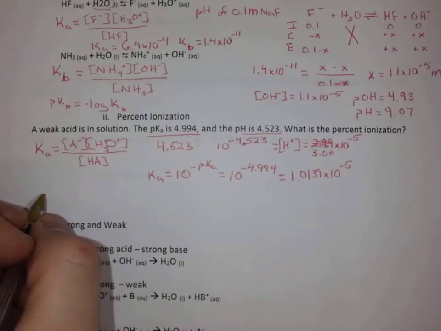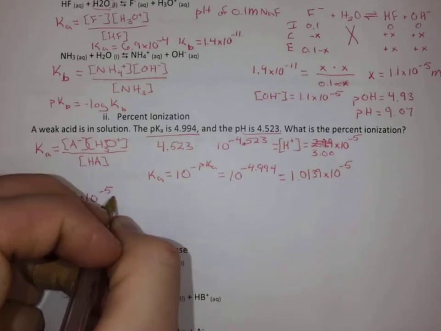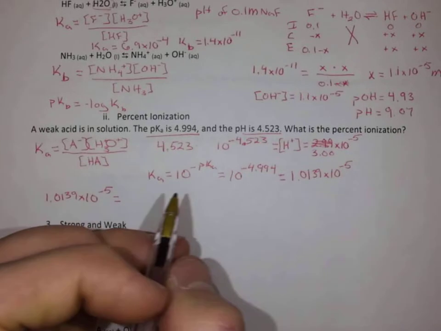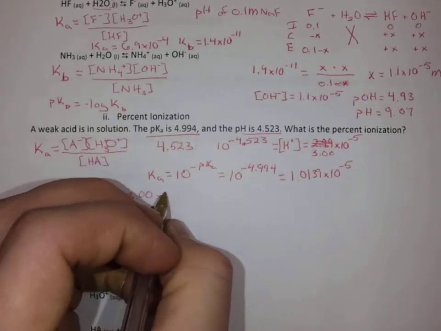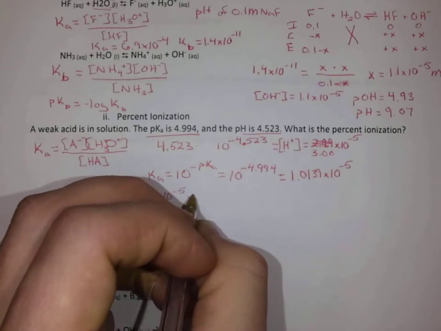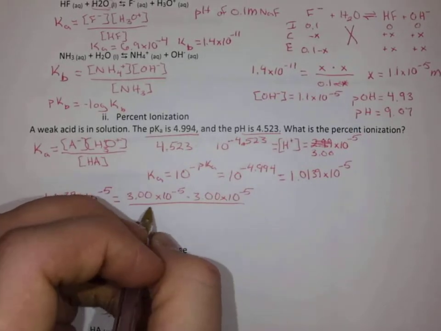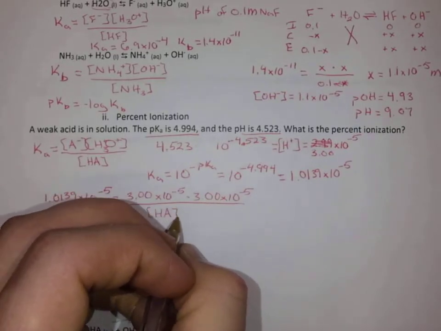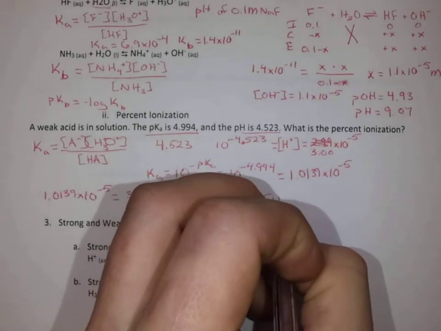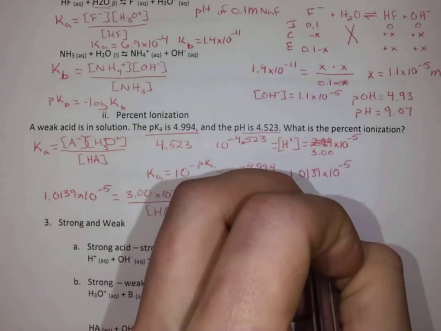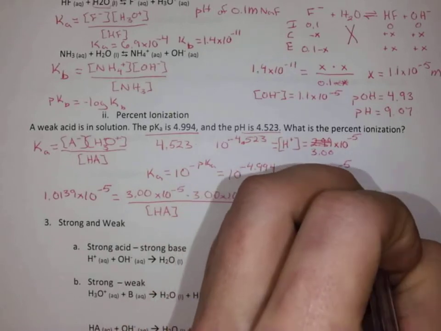So now I know 1.0139 times 10 to the negative fifth is equal to 3.00 times 10 to the negative fifth, the A minus, which is the same as my H plus, times 3.00 times 10 to the negative fifth, divided by my HA concentration. I can solve for HA concentration. HA equals 8.88 times 10 to the negative fifth.